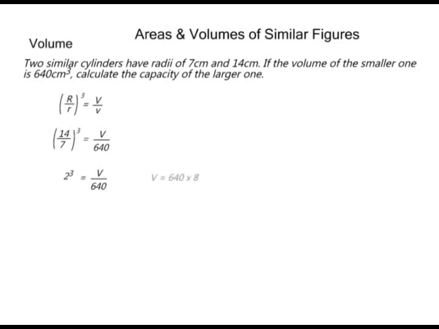V is equal to 640 times 8, and that gives us 5,120. We now convert volume to capacity in liters. 1,000 cubic centimeters is equal to 1 liter, and therefore 5,120 will be equal to 5.12 liters.